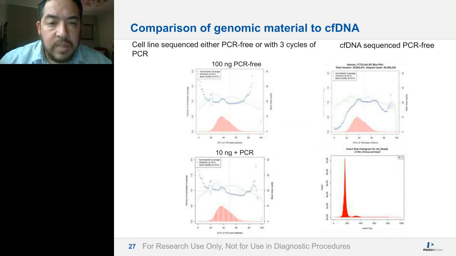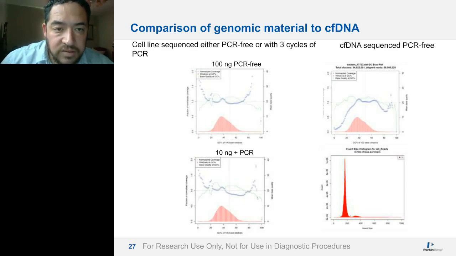And this just shows a comparison of the genomic material to the circulating cell-free DNA. Again, the idea of using either 100 nanograms of PCR-free versus 10 nanograms of PCR, you can get very similar yields of the circulating cell-free products we'd like to get for setting up sequencing.